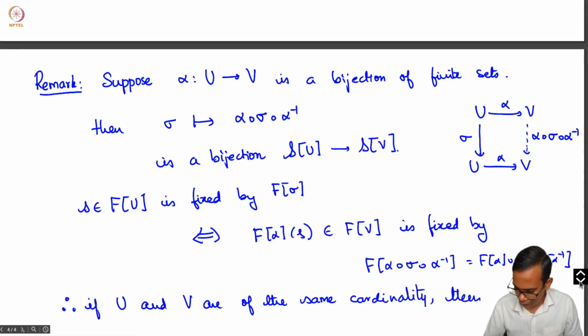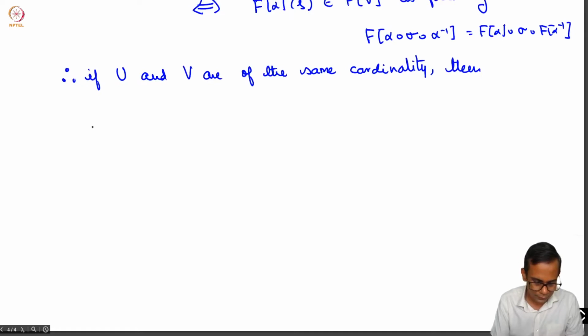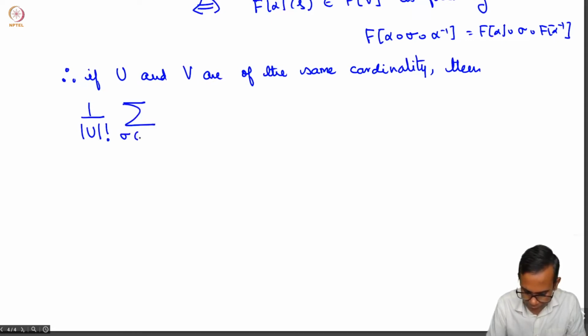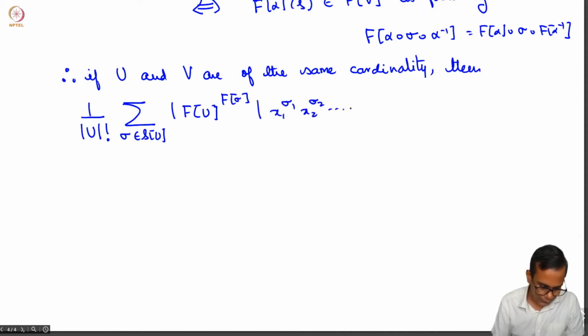So what we have is that if U and V are of the same cardinality, then you can try to compute the cycle index series using U. The term you get is 1 over the cardinality of U factorial, sum over sigma belonging to S_U of the number of fixed points of F[sigma] on F[U], and then x1 raised to sigma 1, x2 raised to sigma 2, etc. That is going to be the same as 1 over the cardinality of V factorial, since U and V have the same cardinality.